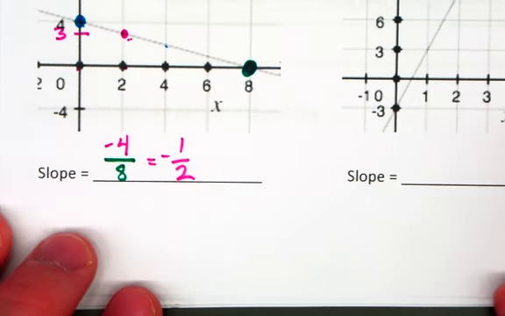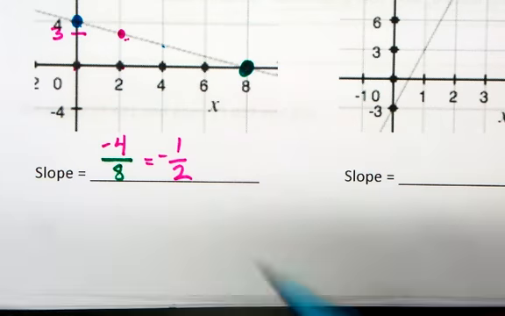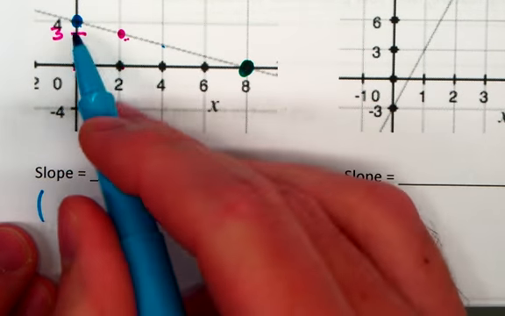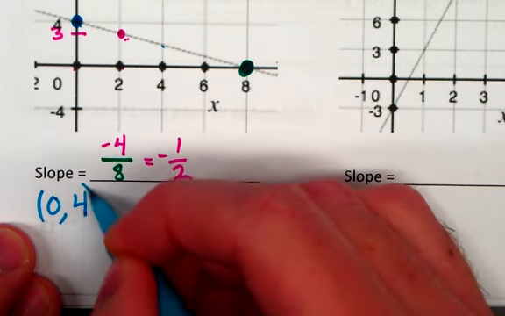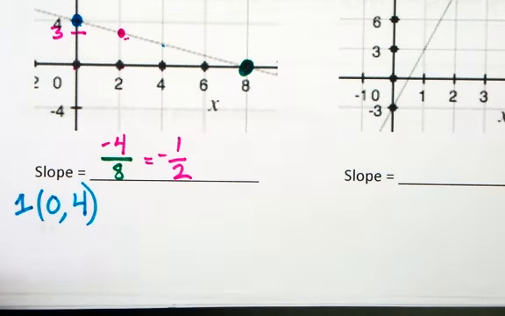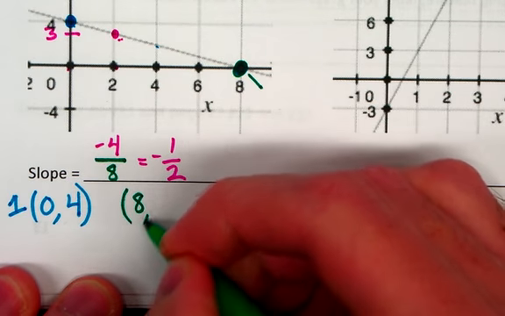Just to show you that the formula does always work, I also want to show you that. So I'll write out these points right here. This point is 0, 4, and I'm going to label that 1. And this point is 8, 0.